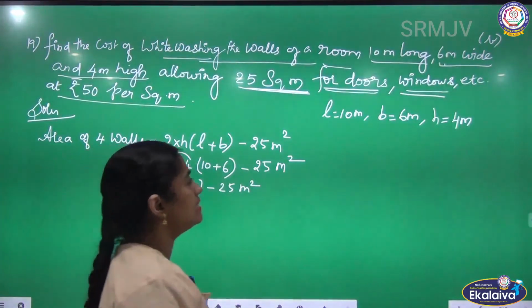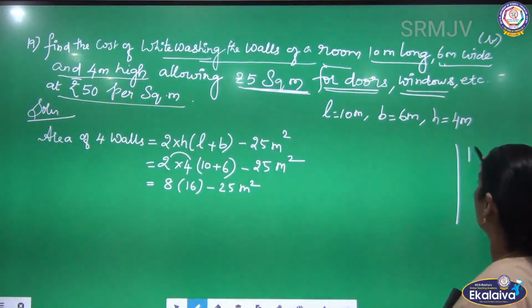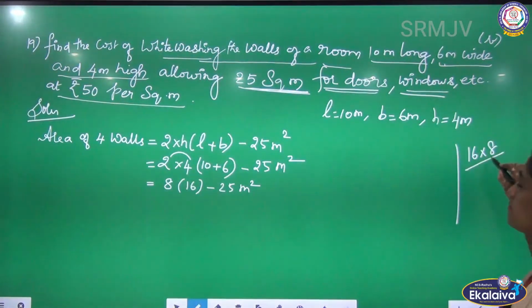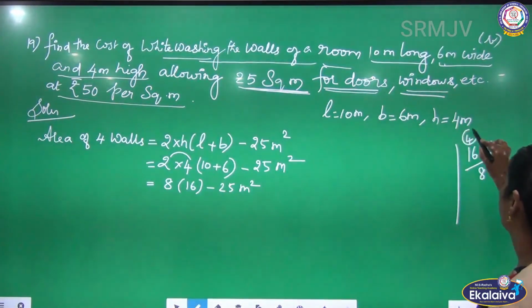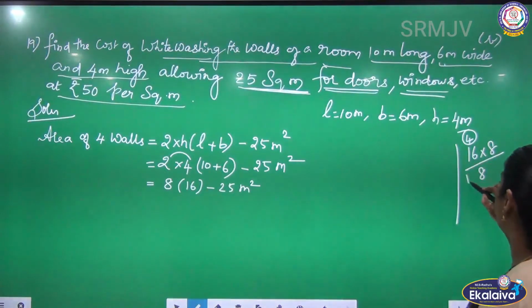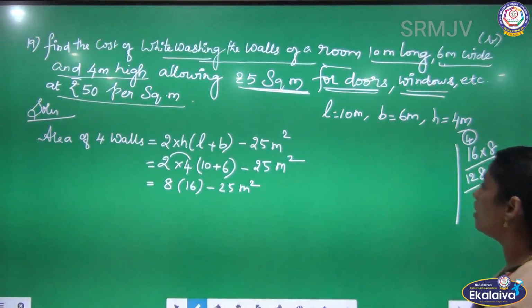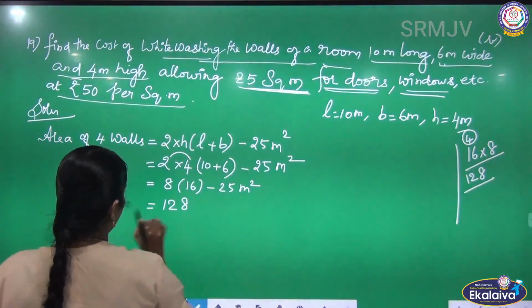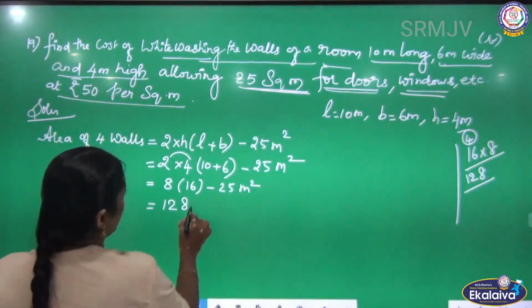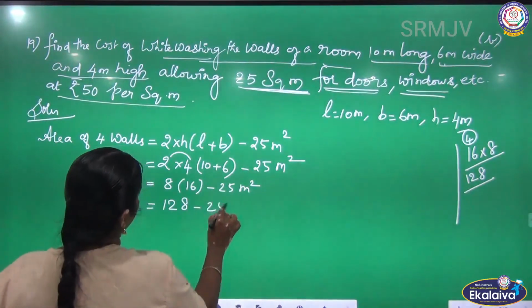Listen, children, 16 8s are, what is 16 8s are? 8 6s are 48. 4 carry over, 8 1s are 8. 8 plus 4 is what? 12. So 128. Got it? Minus 25.